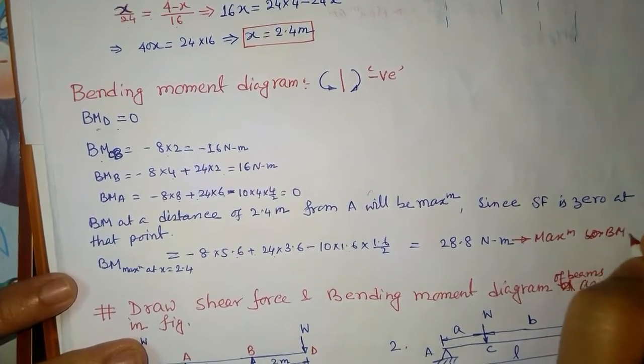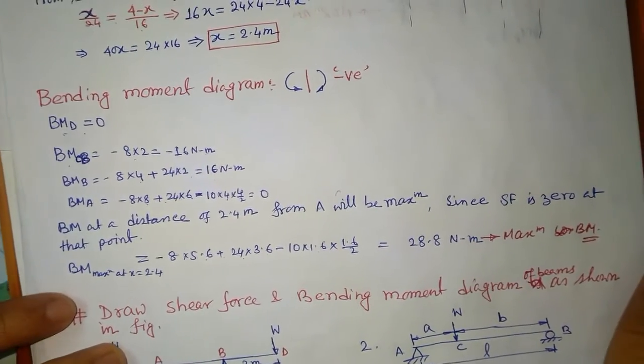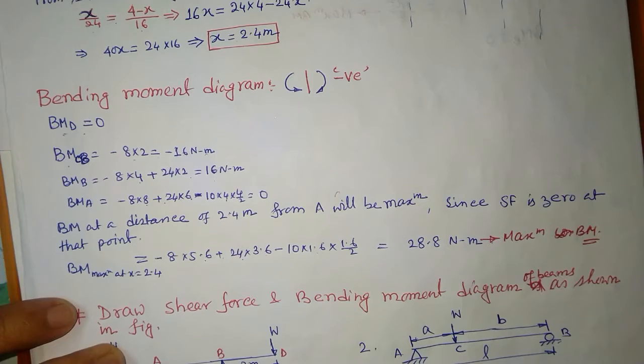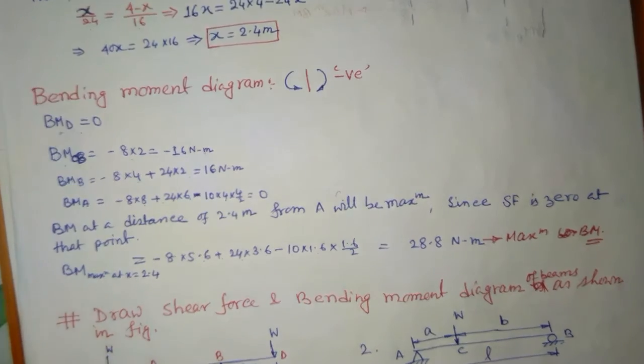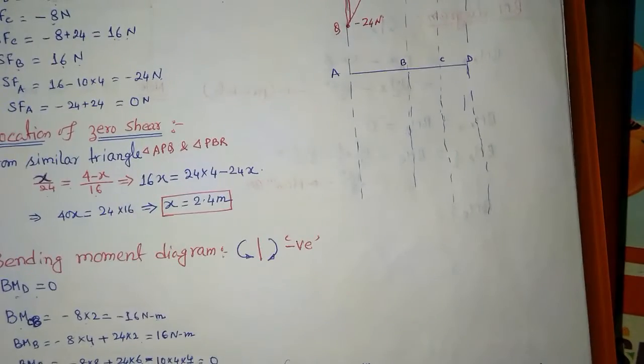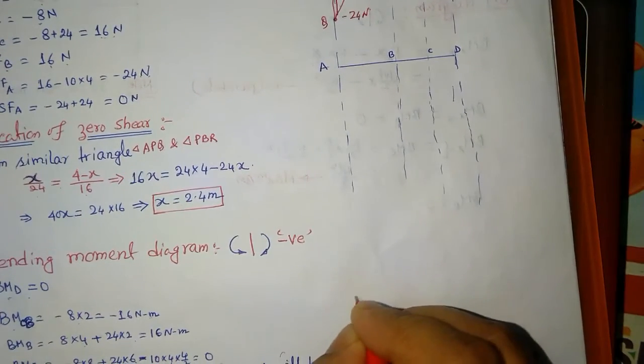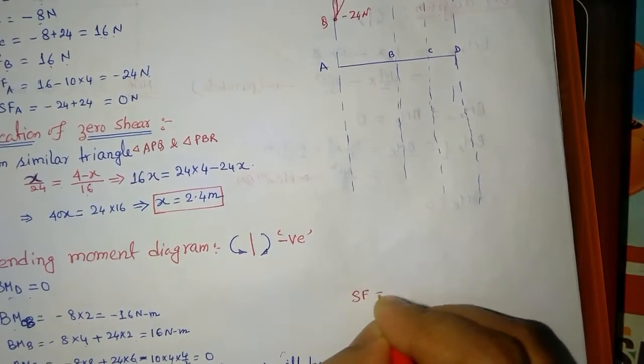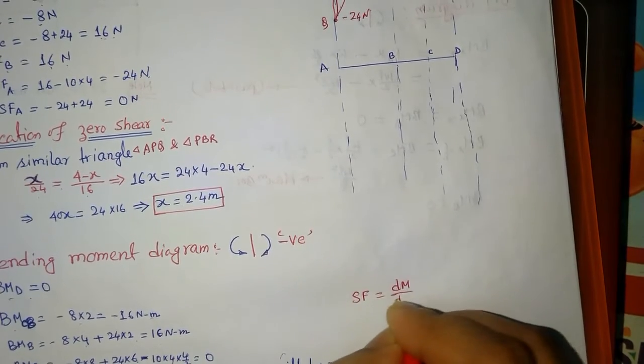Okay, so this is the maximum bending moment. So keep it in mind, the 0 shear point gives the maximum bending moment. Okay, so this thing you have to keep in mind. Already we have seen the relationship that shear force is equal to dM/dx.